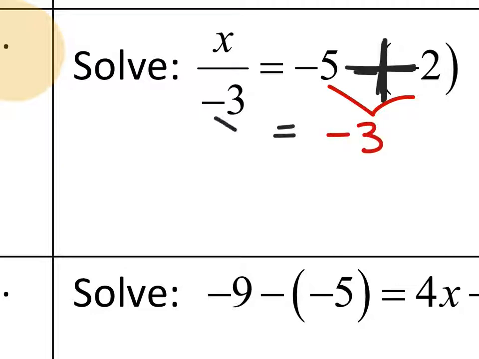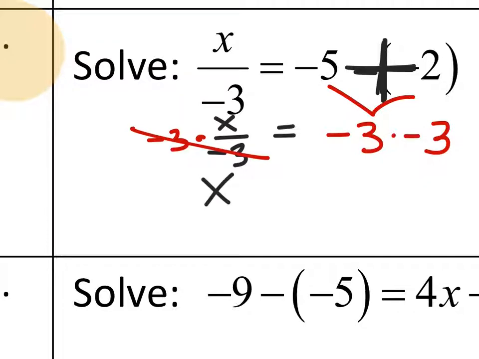And this equals x over negative 3. So I want to say that we talked about inverse operations, but that was a long time ago, so I may have forgotten. Right here, to get rid of that divide by negative 3, I'm just going to multiply by negative 3. That's the inverse operation here, so that these will cancel out. So I'm left with x equals negative 3 times negative 3, which is positive 9.